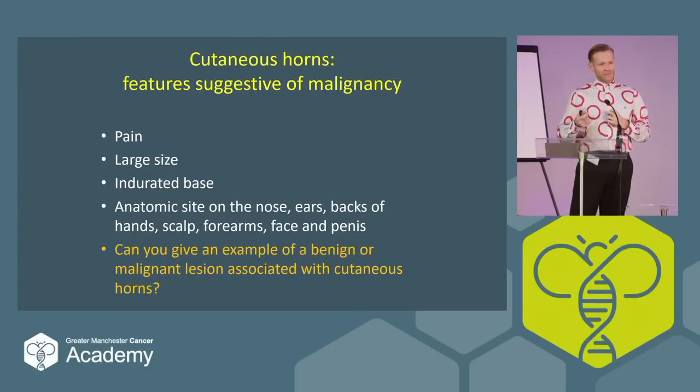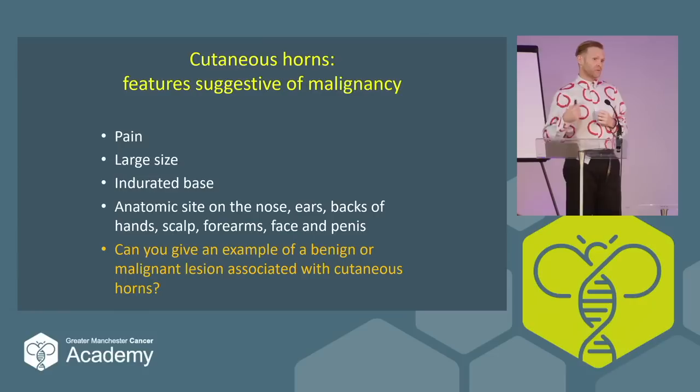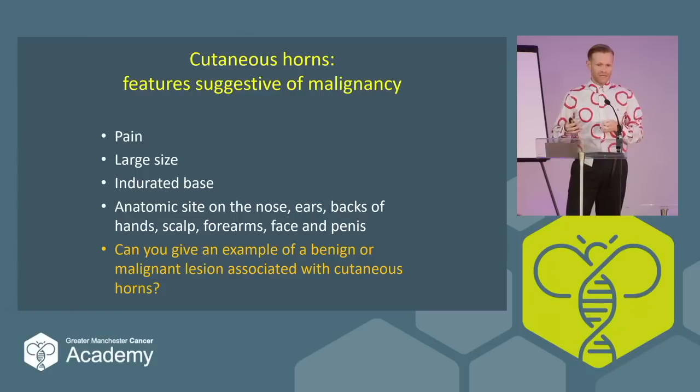There are certain things that you might want to look for in the history when you're thinking a bit laterally about what the diagnosis might be, and this will help your decision making. So squamous cell carcinomas tend to be painful. If you see an actinic keratosis that's particularly large, then you may think, could there be an SCC arising within this, or has it been there a very long time, and I'm worried about an SCC arising within it.